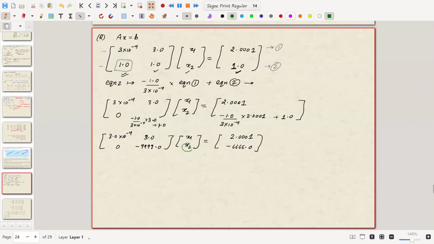So from the second equation, we get 0 into x1 minus 9999 x2 equals minus 6666. So x2 equals this number, isn't it?